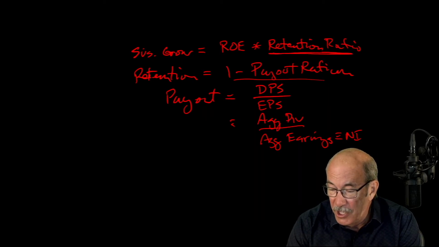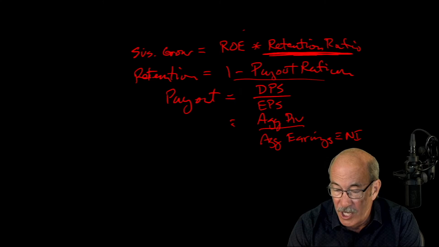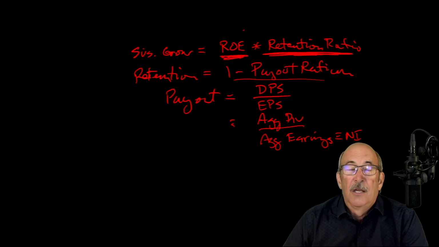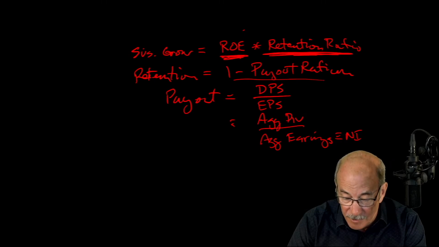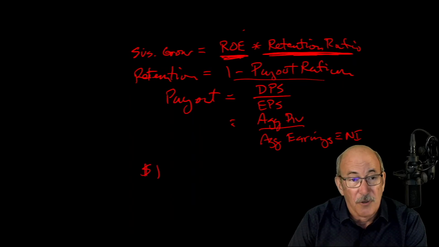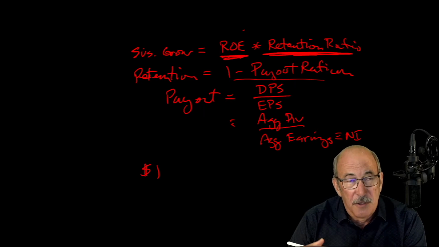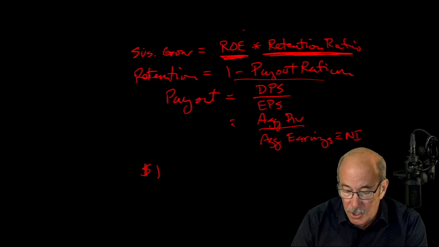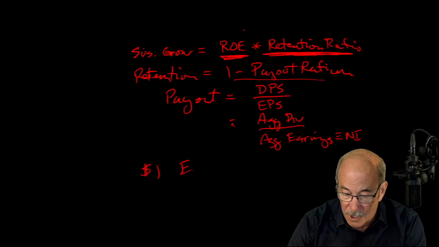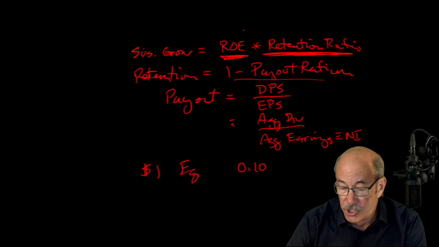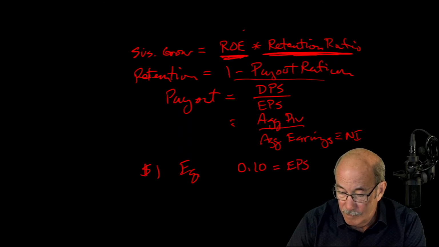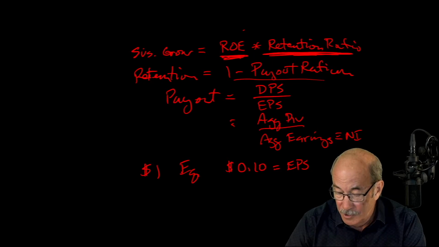So when we're talking about retention ratio times ROE, think about it. Let's say I have $1 worth of equity in the company this year. Let me write it out like this. Equity. Let's say I earn 10 cents per share, and I pay out 5 cents in a dividend.